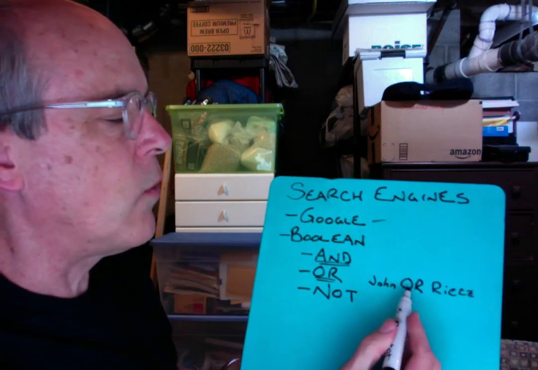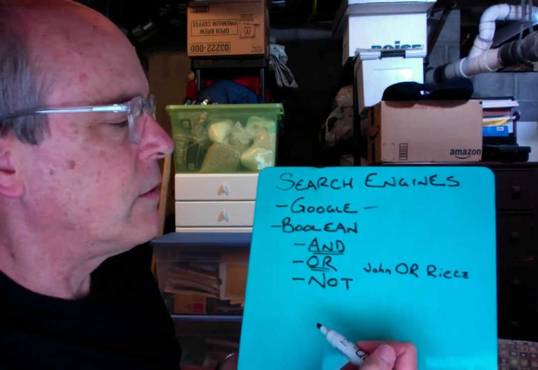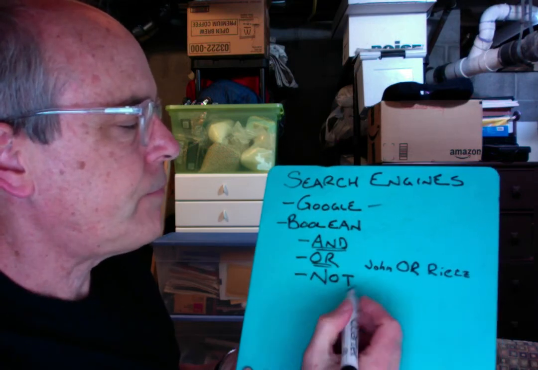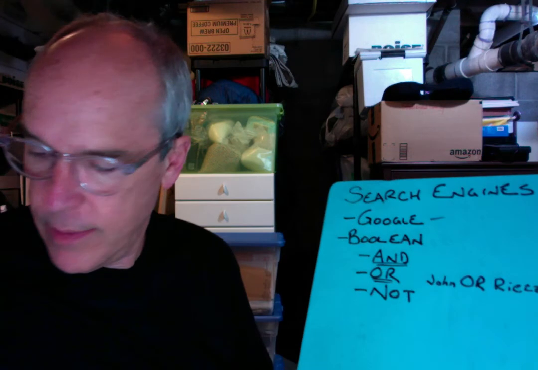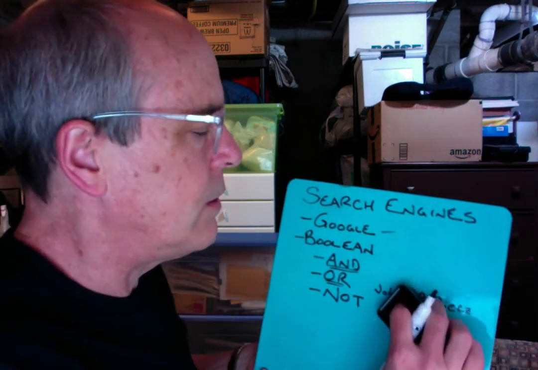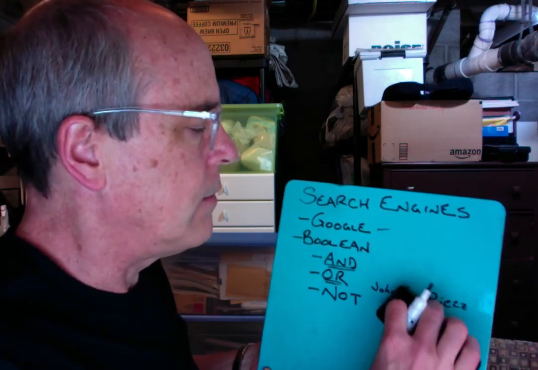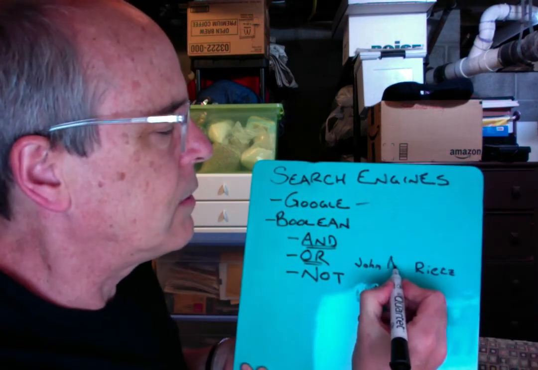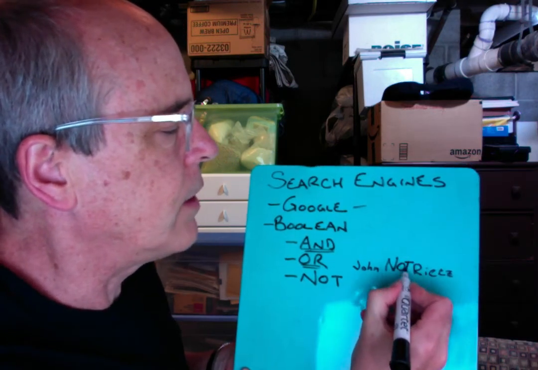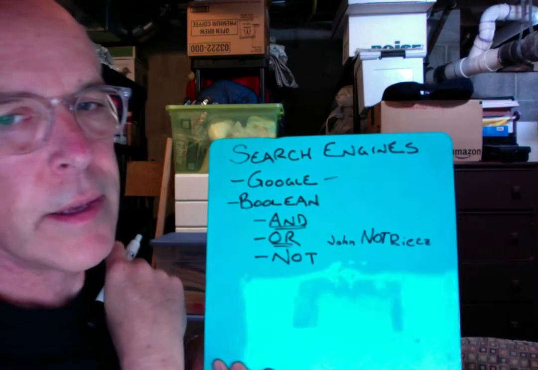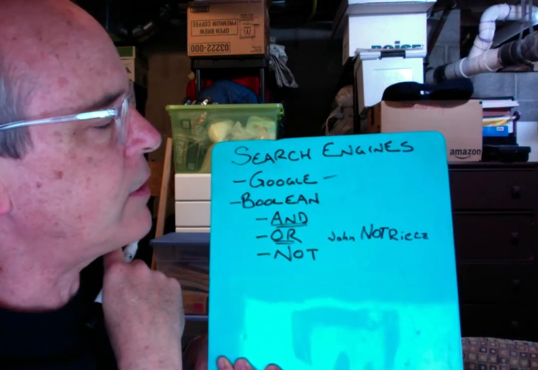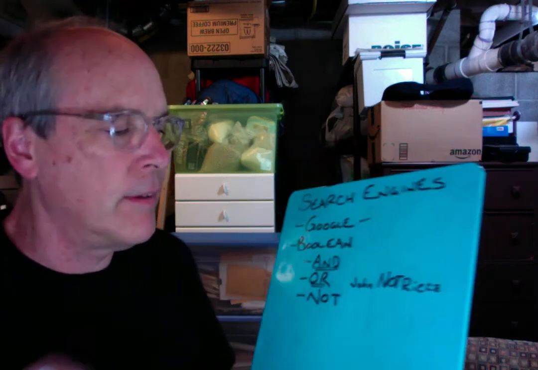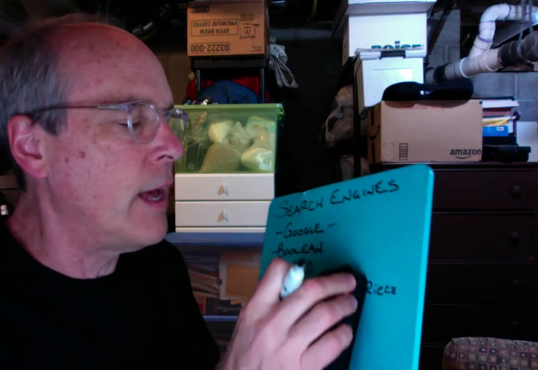So this OR actually gives you more sites, more results. Now if I said instead John NOT Reitz, with capital letters there, it would bring back all the sites it could find that have the word John in it, but not the word Reitz. Not sure why you'd want to do that.